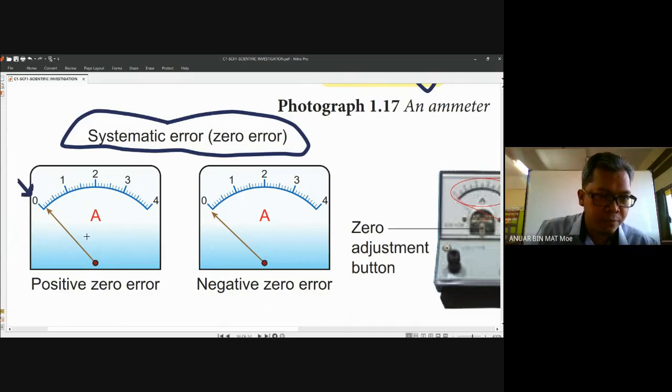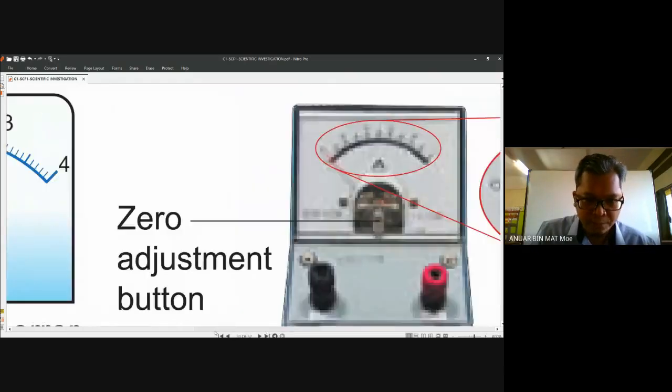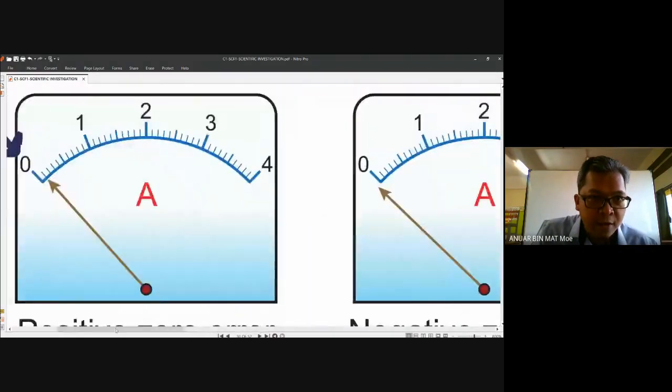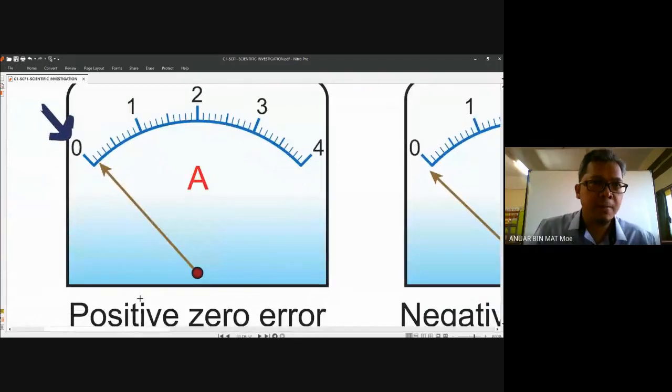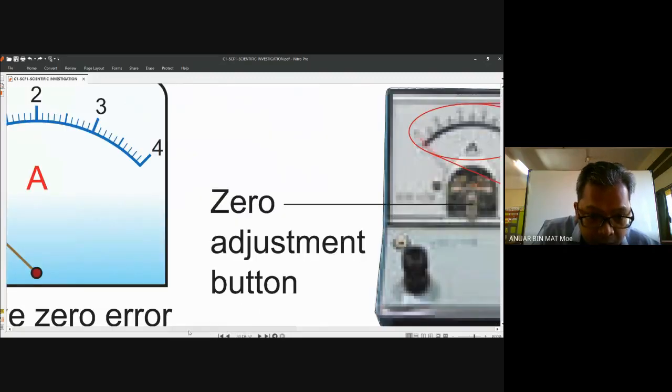For example, if the position of the needle here is more than zero, like this one, we call it positive zero error.